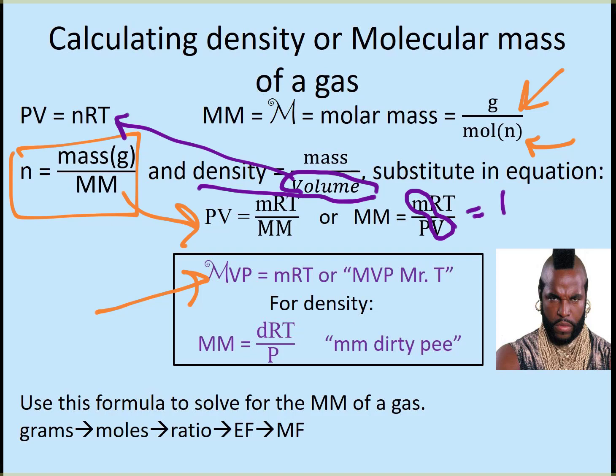That equals D. And so we can get this equation where molar mass equals density times the ideal gas law constant times the temperature divided by the pressure. And you can remember this equation by DRT over P, or "dirty P." So MVP mRT, and dirty P, these two formulas should help you with your molar mass and also if there's density.